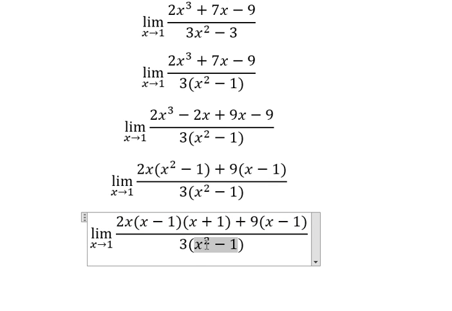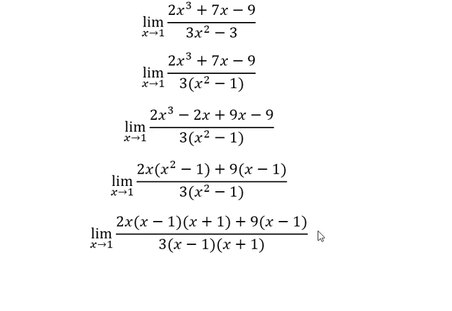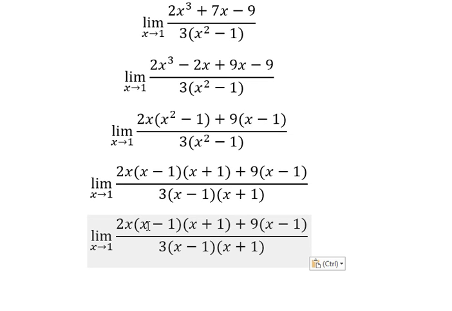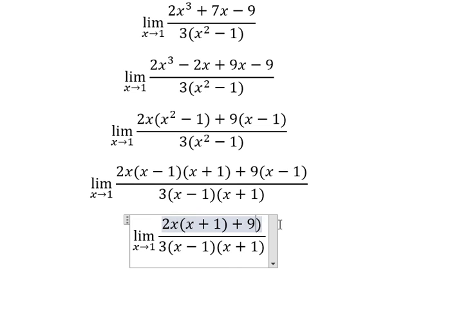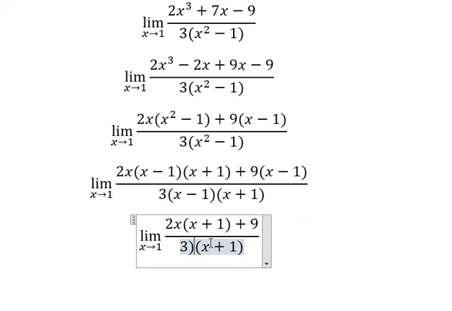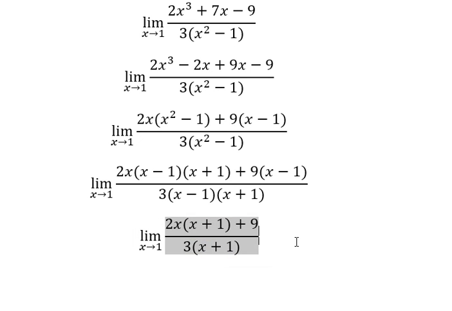Similar for this one. So we have x minus 1, x minus 1, and x minus 1. We simplify. And then we put number 1 in here.